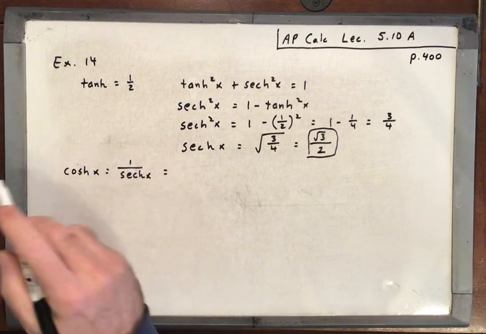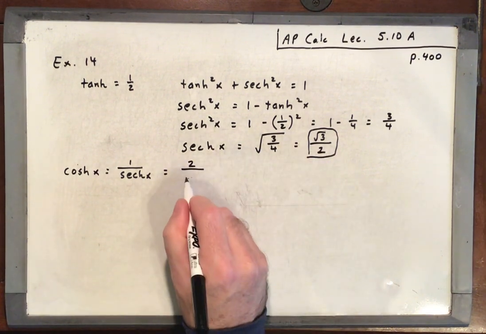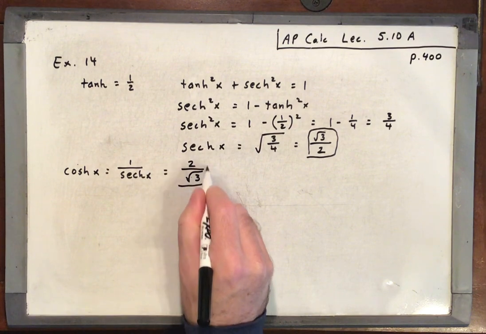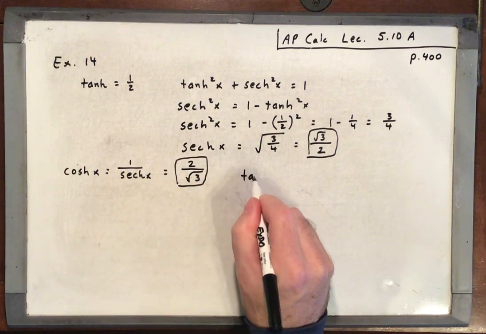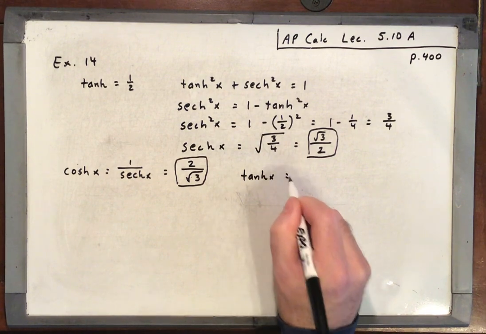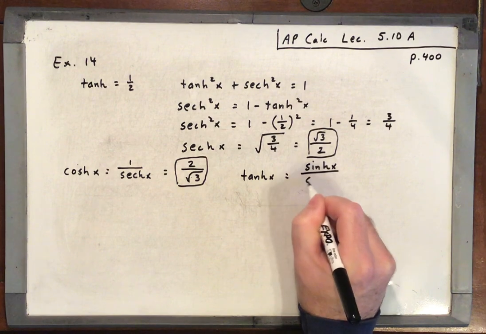All right, that's from your sheet. So just flip hyperbolic secant. We've got that one. We also know that hyperbolic tangent is hyperbolic sine over hyperbolic cosine.